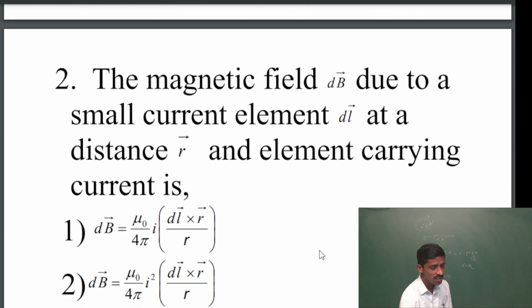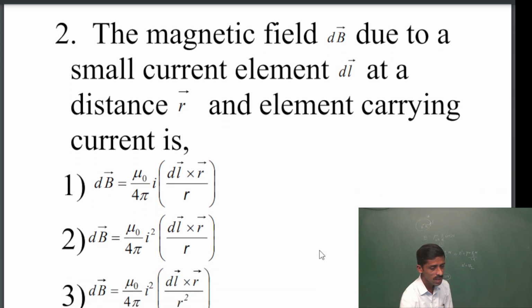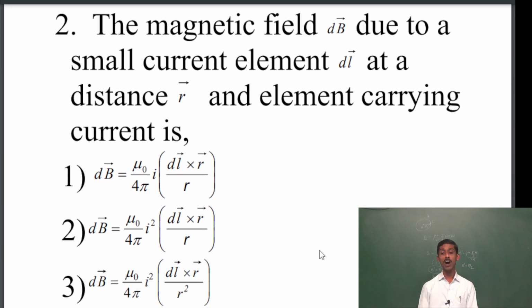If you see the second question, the magnetic field dB bar due to a small current element dl bar at a distance r bar from the element carrying current is. So this is the direct question, which is the magnetic field due to a current element, Biot-Savart's law.